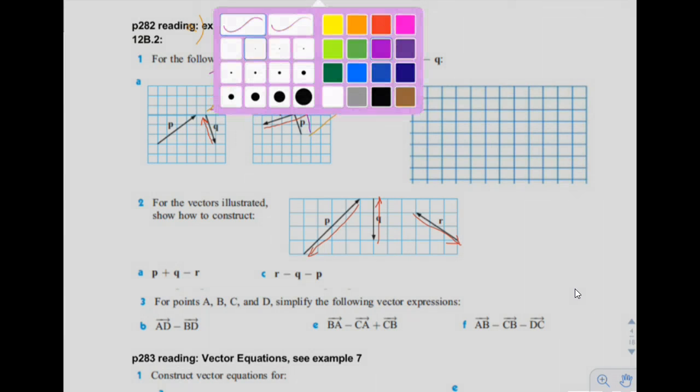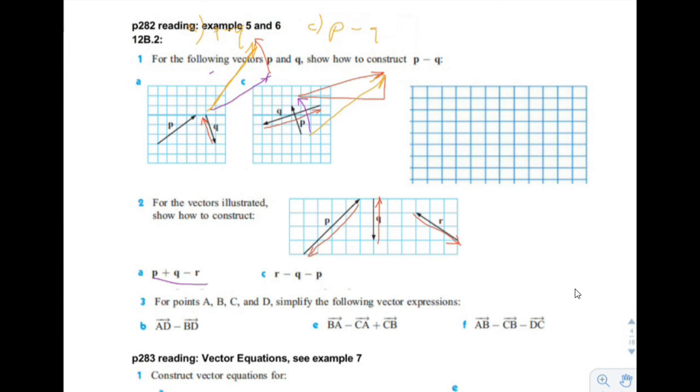Okay, so first let's do p plus q minus r. So p, it would be going over 4 and up 4, like that, right? 4 and 4, yeah. And then plus q means we would go down 3.